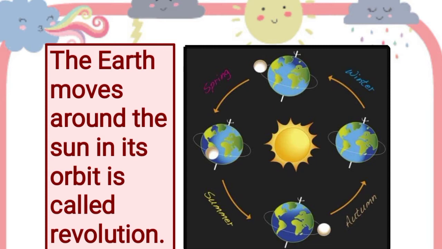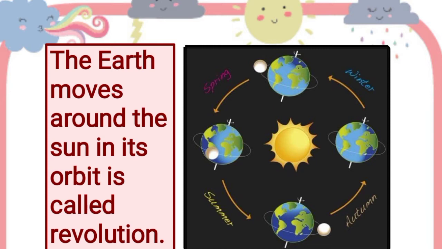Now let's understand what is revolution. Revolution is often used as a synonym for rotation. But in many fields of science like astronomy and related subjects, revolution is referred to as an orbital revolution.